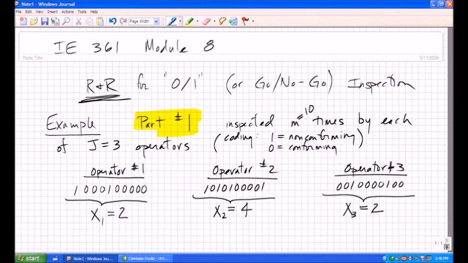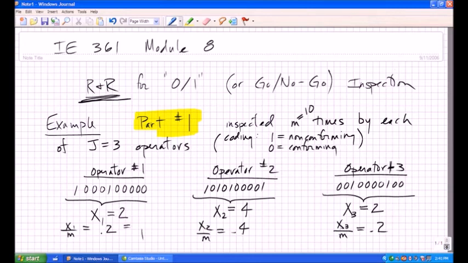If I were to divide those counts, x's, by the number of calls, by the number of inspections, if I take x1 over m, that's going to be 2/10, 0.2. x2 over m is going to be 4 in 10, and x3 over m is going to be again 0.2.